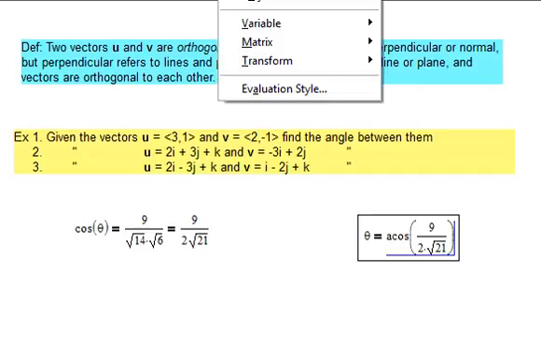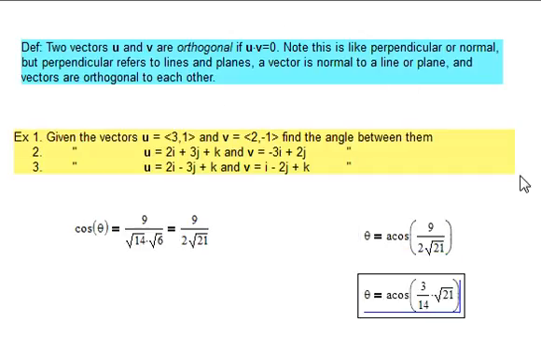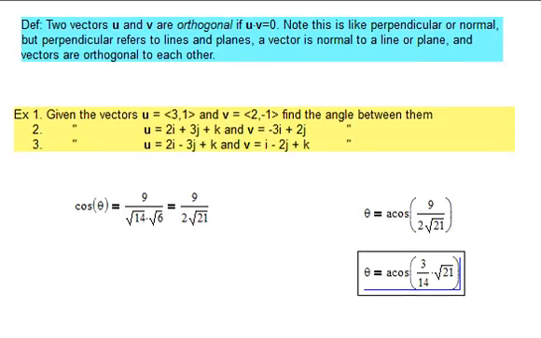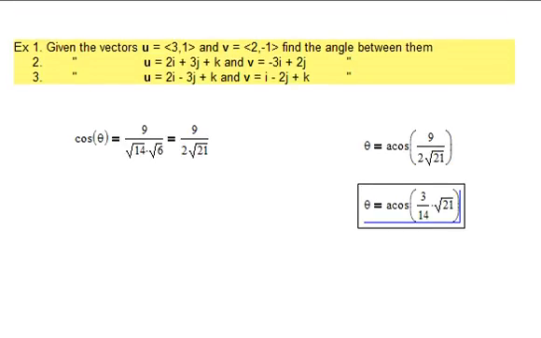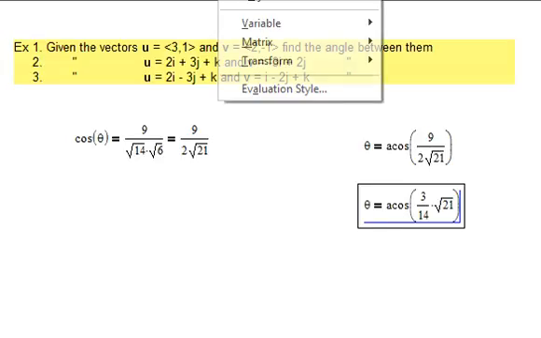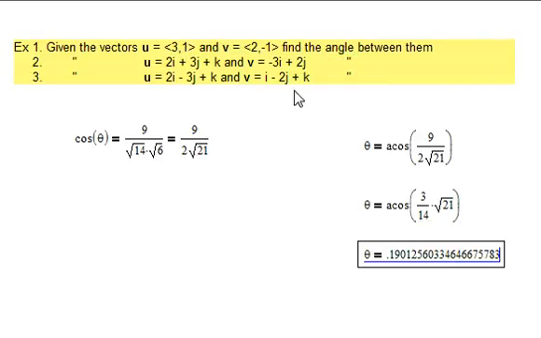So if I simplify that, that didn't help much. But it looks pretty. But I guess what I wanted was a decimal approximation. So let me go for that decimal approximation. All right, 0.19000. Now remember, this is a radian measure.